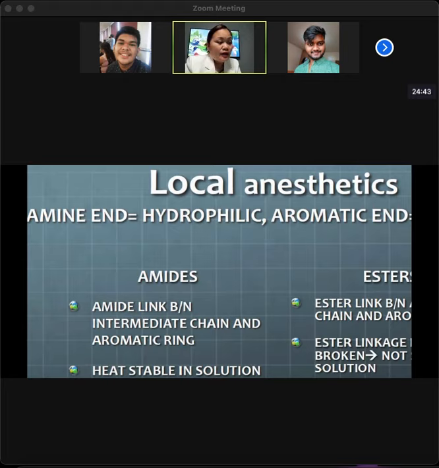They are easily broken and not stable in solution. They are metabolized in plasma by pseudocholinesterases. Their metabolite is para-aminobenzoic acid, which causes allergic reaction. So esters more commonly cause allergies. Okay?